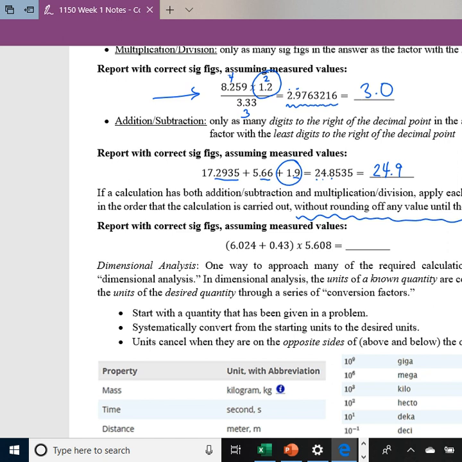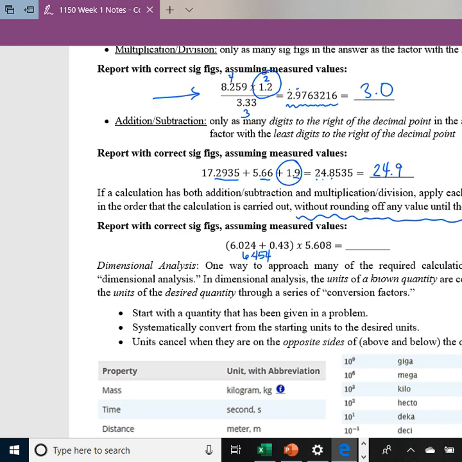So for example, we need to do the addition portion of this next calculation first before we do the multiplication. And when we do that, 6.024 plus 0.43 is 6.454.